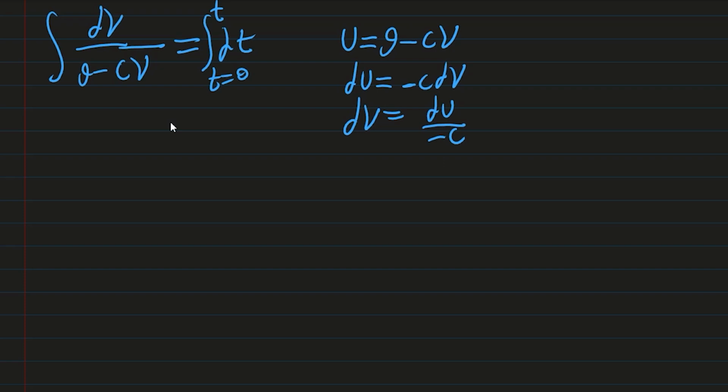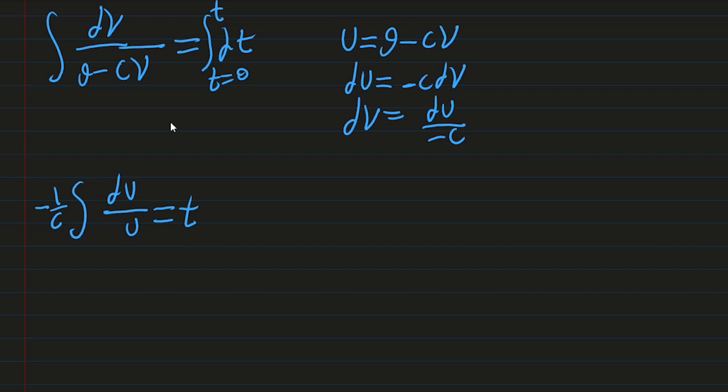Let's take the negative 1 over c outside, since it's a constant, and I'm left with du inside. On the bottom, g minus c v is just u, and since this is with respect to t, I just get t on this side, since it's from t equals 0 to t.